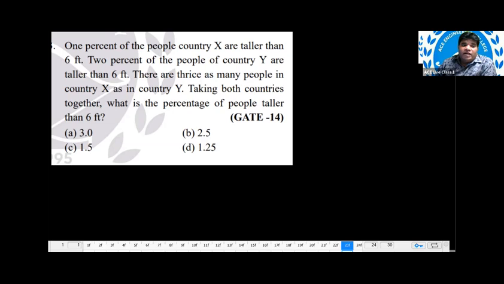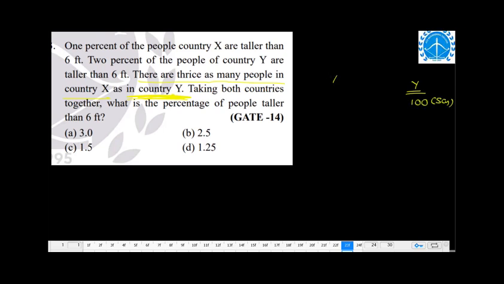What is the meaning? There are thrice as many people in country X as in country Y. In country Y you don't know, so how much do we take? Just 100.